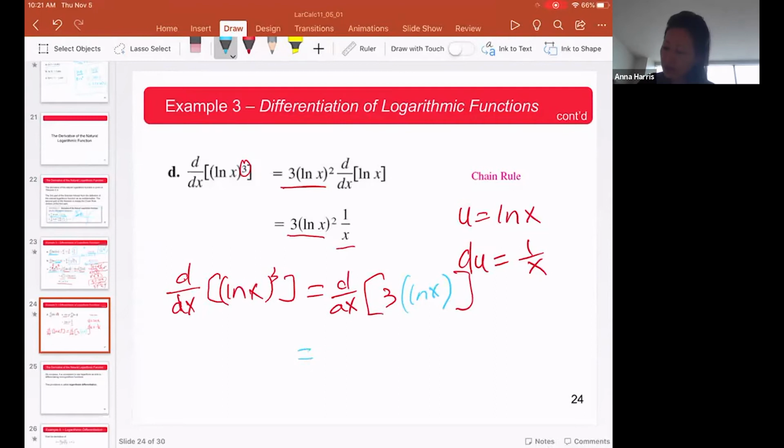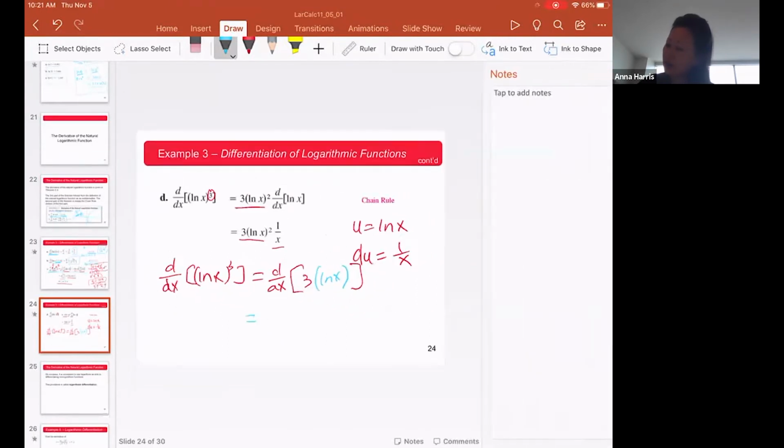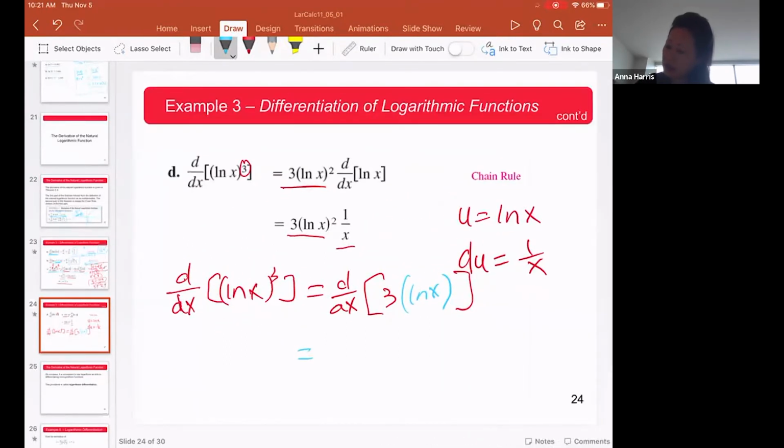Then you say, okay, the derivative is this, right?